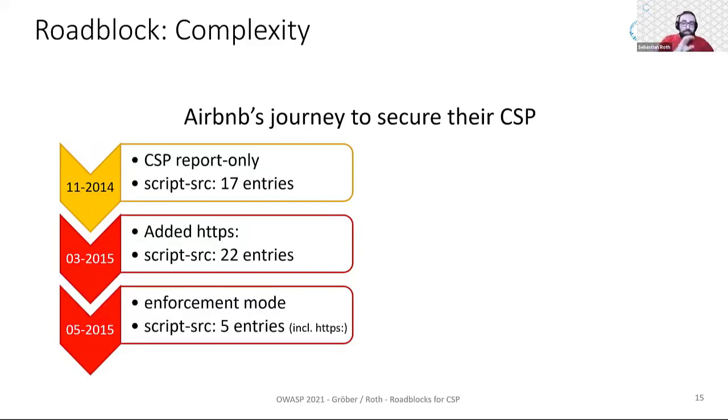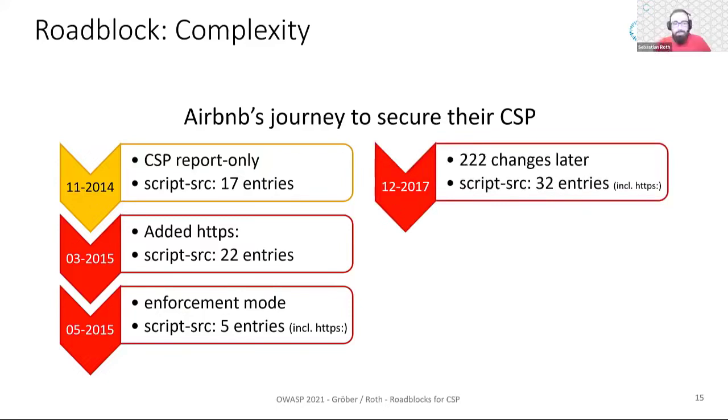However, the whole HTTPS schema was still present in the allow list. More than 2 years and 222 changes later, in December 2017, their allow list had grown to 32 entries, while the HTTPS schema was still one of those entries.